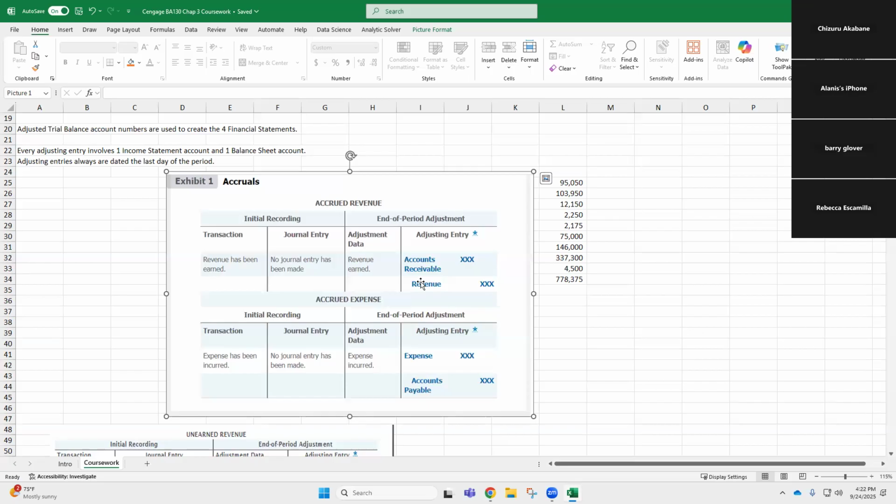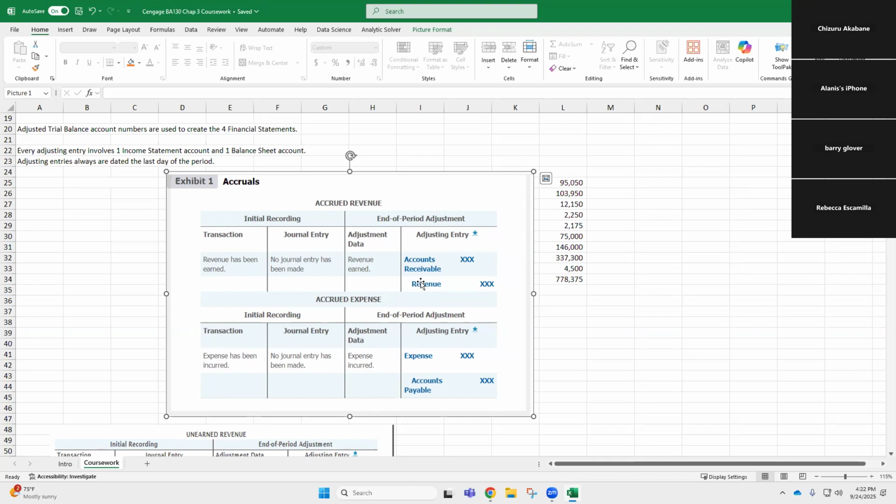Let's just read this. It says services performed but not billed. So if it's the end of the month, accounting may talk to sales or management and say, are there any jobs that we are finished with that we can bill customers for right now?